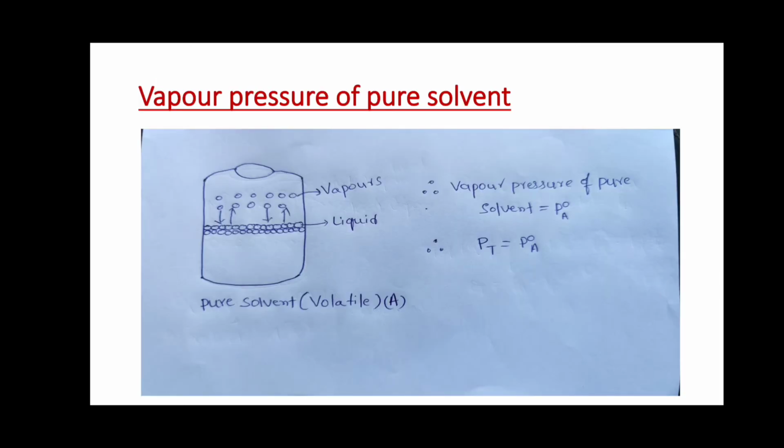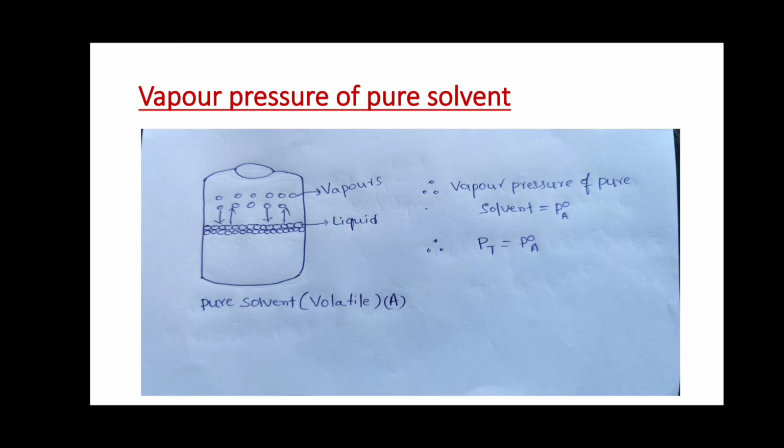So in the first case, for example, you take a closed container and put in pure solvent, for example water, only water, not salt water. Pure solvent means only one type of particles is available in that solution.